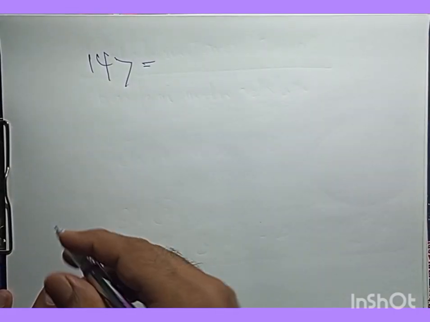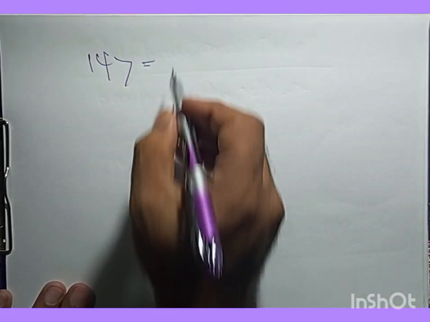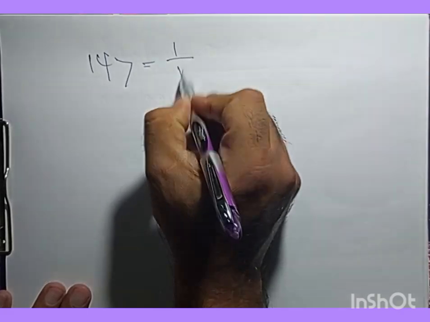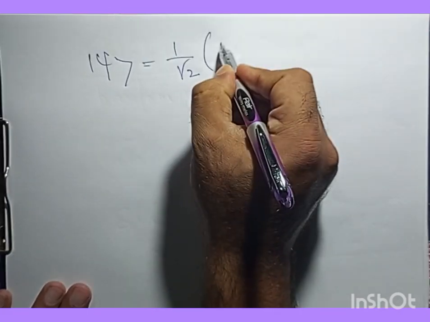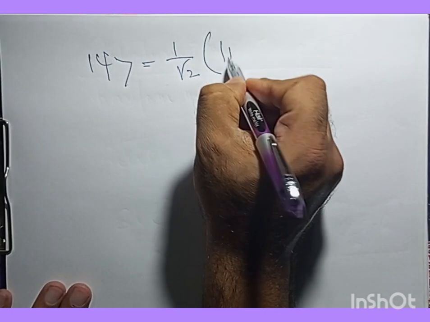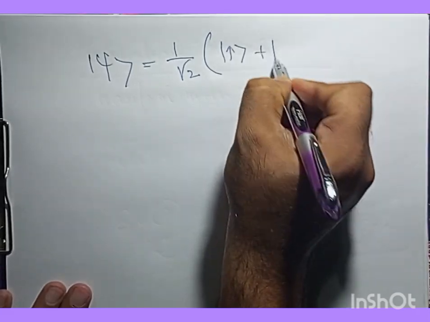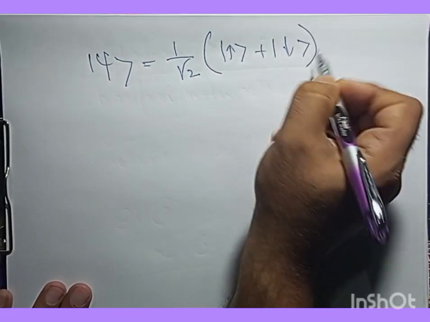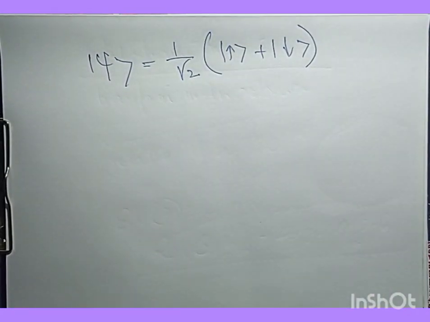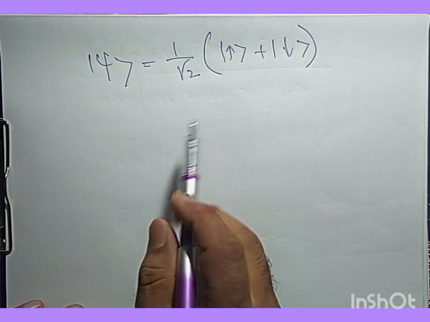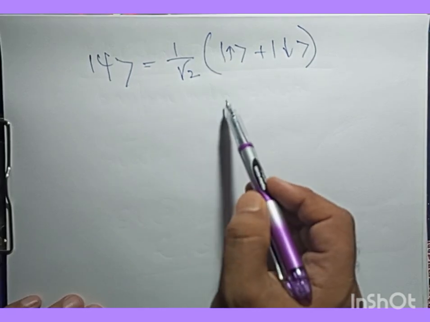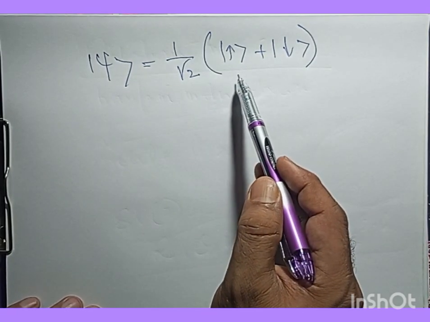When we write down the superposed state for this psi, that's 1 by under root 2 of spin up plus spin down. Now, the spin state of the electron is given as the superposition of the spin up and spin down.